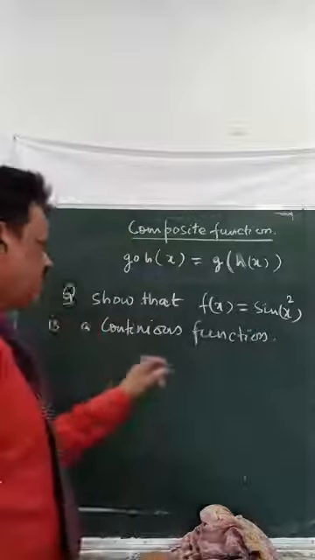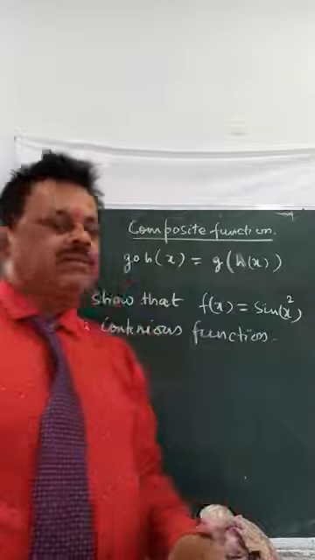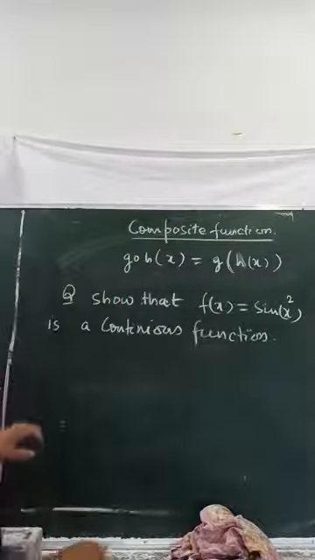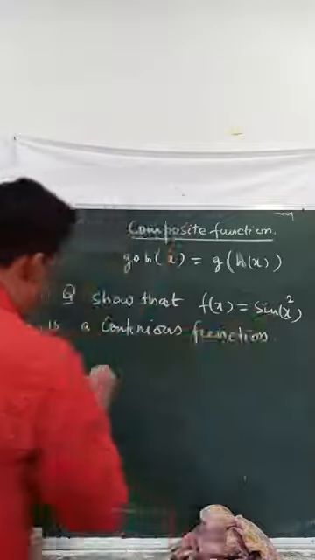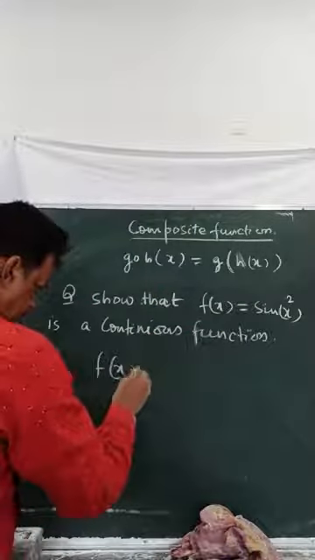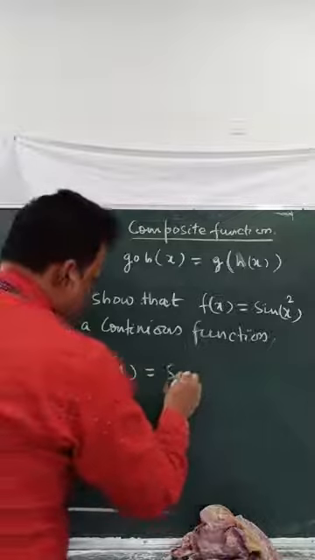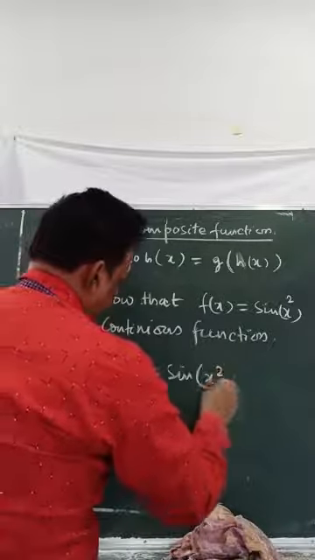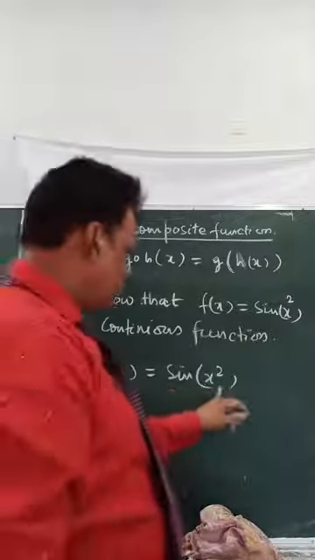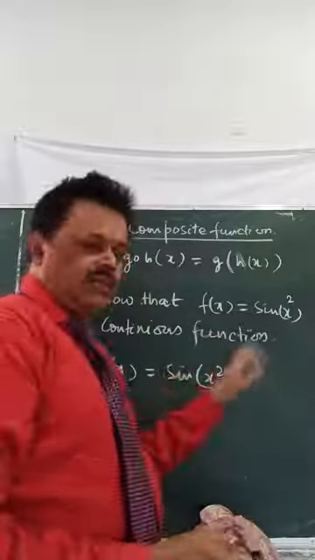So how to prove it? Okay, so look at here. Your f(x) equals sin x square. There are two functions here. One is x square, and the other is sin of that.